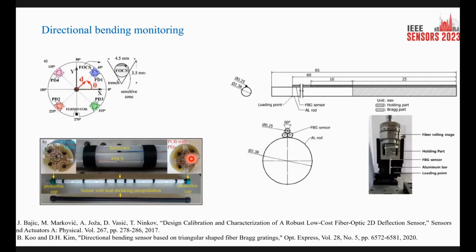In this other example, they use 3 fiber Bragg grating sensors, which are here. They are placed next to a very small aluminum rod. So they are able to identify the direction by monitoring the shift in the Bragg wavelength of their sensors.